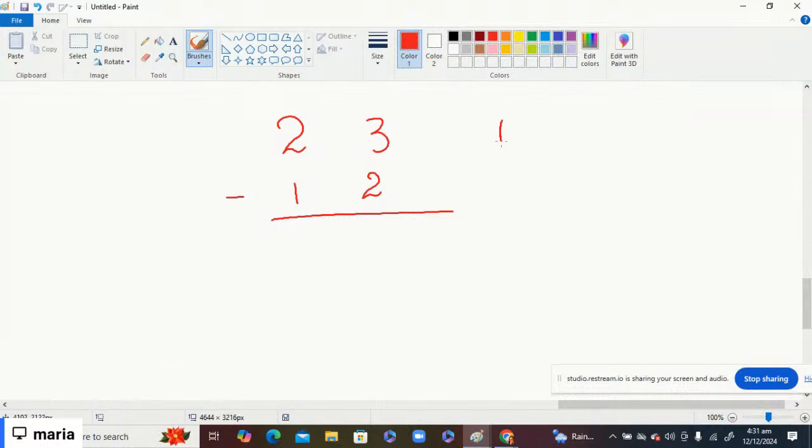Okay, draw 3 lines, 1, 2, and 3. Remove 2 lines, 1 and 2. How many left? Only 1 is left. Now draw 2 lines, 1 and 2. Remove 1, and how many are left? One is left.